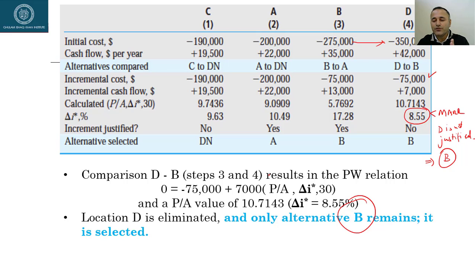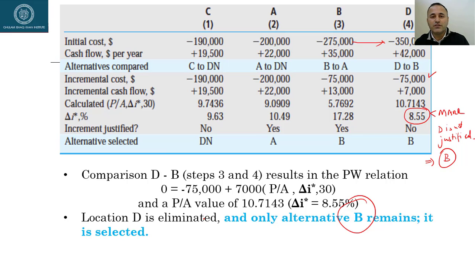It is always pairwise comparison, and I keep on choosing the most beneficial alternative. I complete the whole cycle and end up choosing only one. That's the technique we will be using for multiple mutually exclusive alternatives.